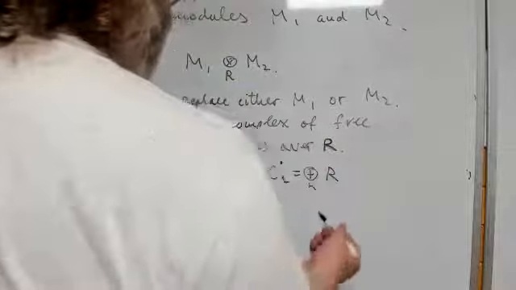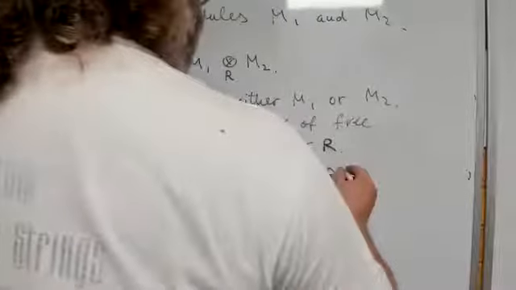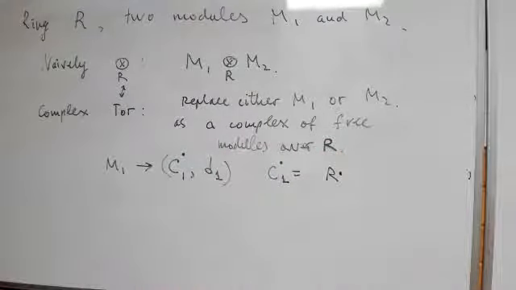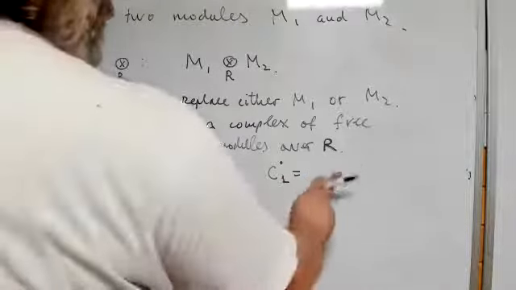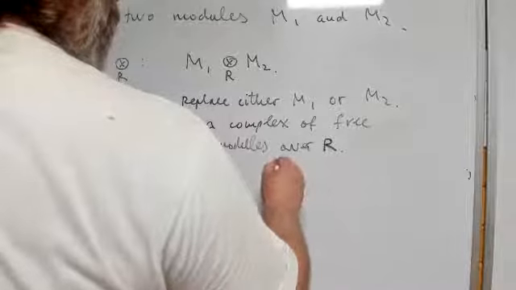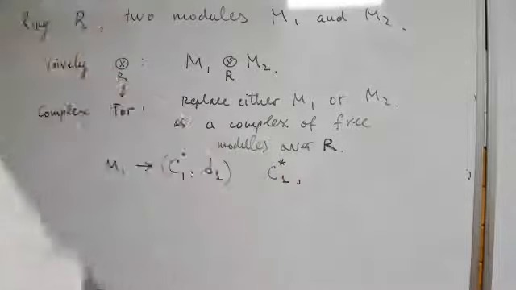Or you may say that if it is a ring over a field, you can put here a vector space. Okay, so it's clear. So I have this complex with differential d1 that clearly acts here.